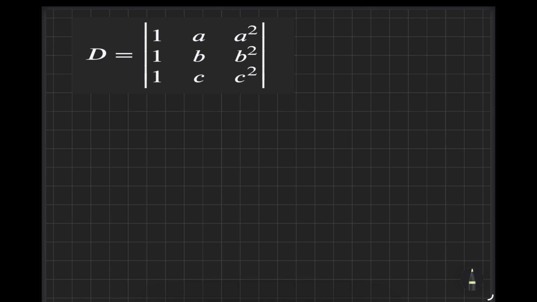Now look at this. If I ask you to find out the determinant of this thing, you can find it, but it will be a little bit complicated. You will open this thing along any row or any column, and later you have to do factorization, so this will become a little complicated. So to simplify that approach, you have to apply certain transformations.